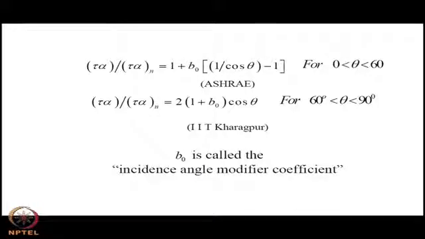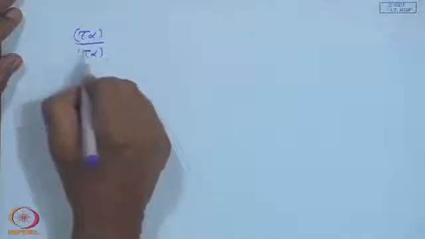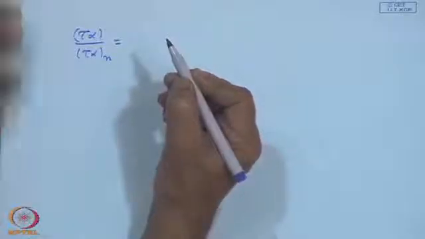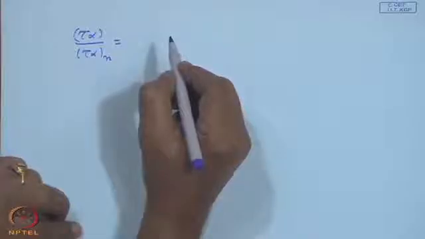Now, this is described by Ashrae. This reference tau alpha n, that is the transmittance absorptance product at normal incidence, is a material property. That will be the highest for the given material or glass cover and the absorber. If the incident ray is normal, then you have the maximum transmittance, because the path it has to traverse will be minimum.